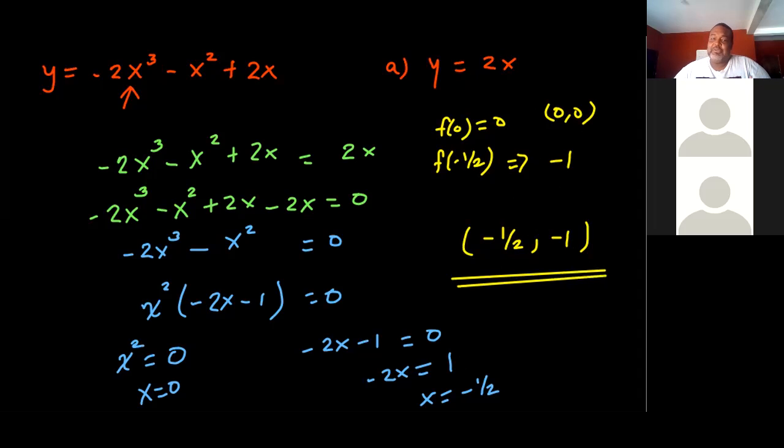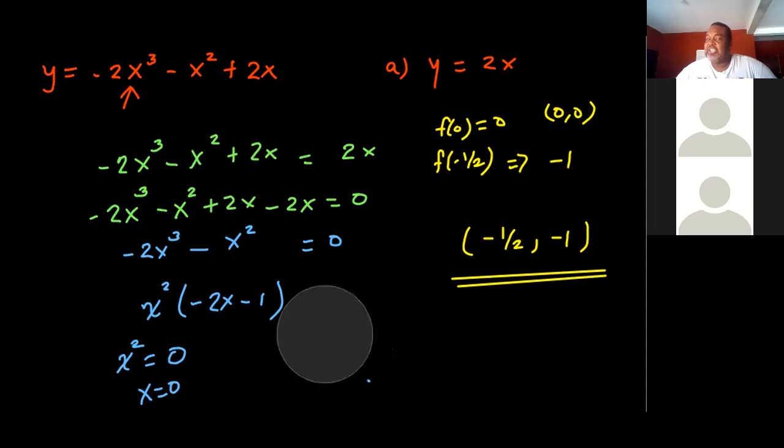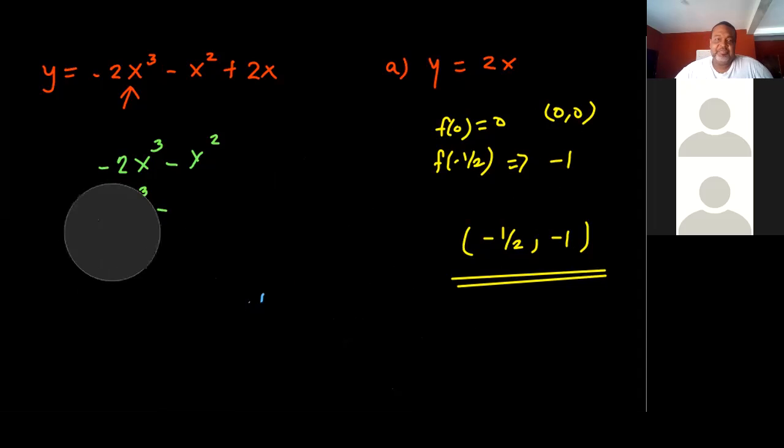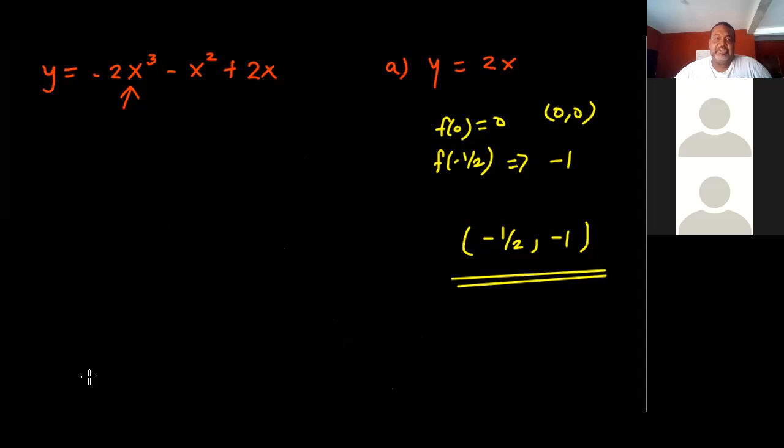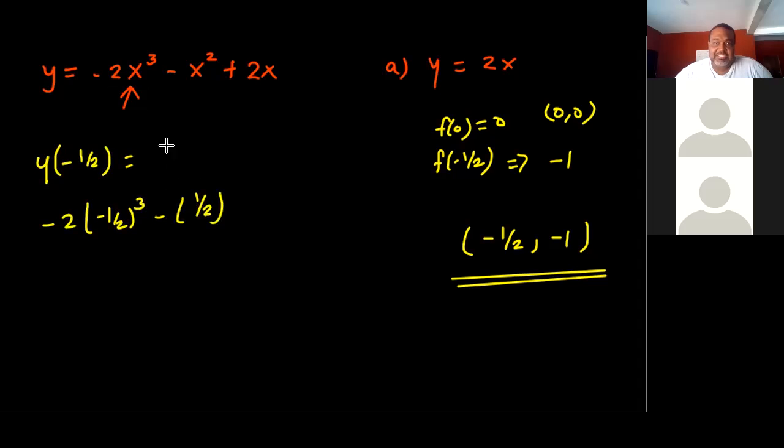Now, what I'm going to do is just show you what I would have done there so you can do it on your own, right? To find that, all you have to do is come in here and say, y of minus 1/2 is equal to minus 2 times minus 1/2 cubed minus minus 1/2 squared.